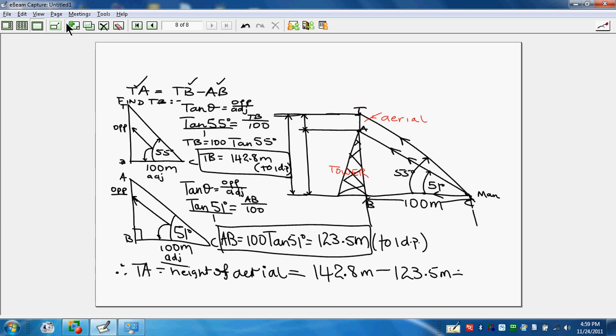And that will give us the answer they're looking for, which is 19.3 meters. And that will be the answer. 19.3 meters will be the answer to 1 decimal place. Okay, so our answer is 19.3 meters, right, to 1 decimal place.